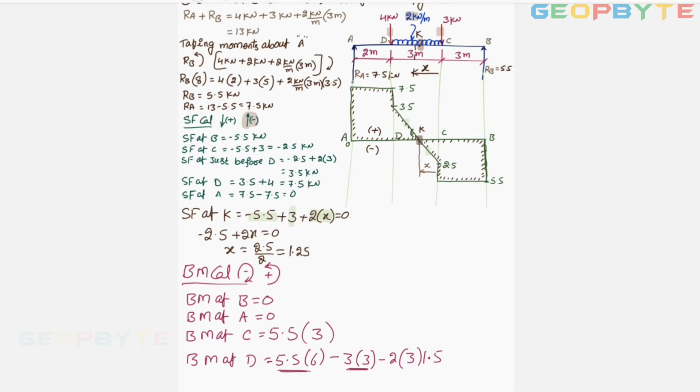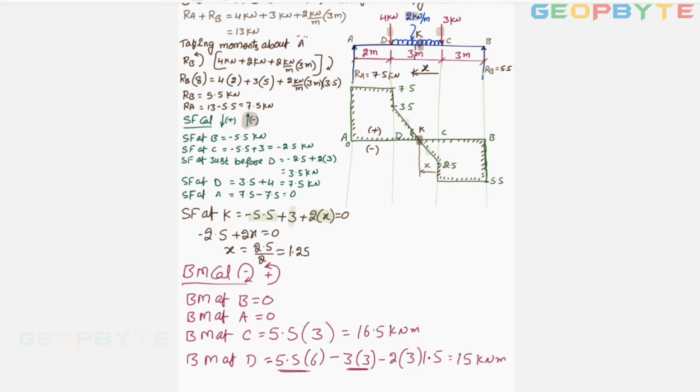Once again, to get the bending moment from the UDL, first convert to a point load by multiplying the UDL with the UDL distance, assume the resultant acts at the middle, and take the distance from that middle point up to where we are finding the bending moment. Now let us simplify these values.